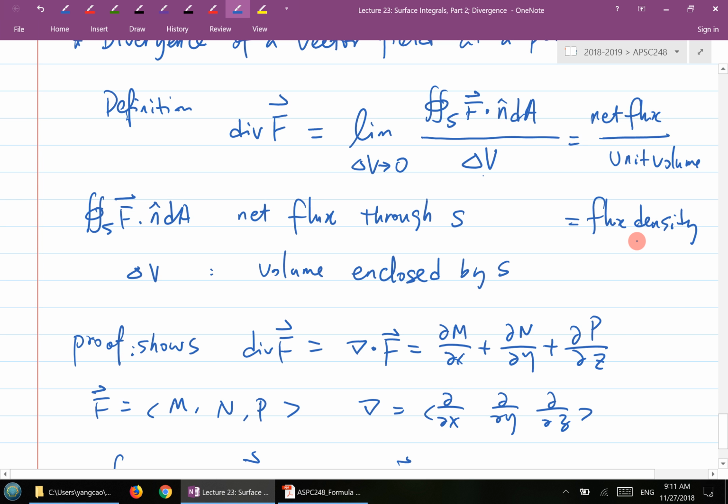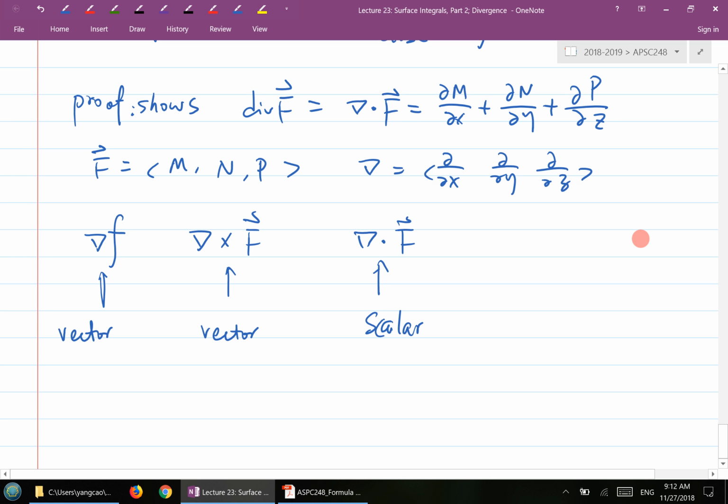So if I get a positive number, it means the flux density at that location is positive. If I get a negative, that means it's negative. If I get a 0, it's 0. But what does a number actually mean then? Anybody give it a try?